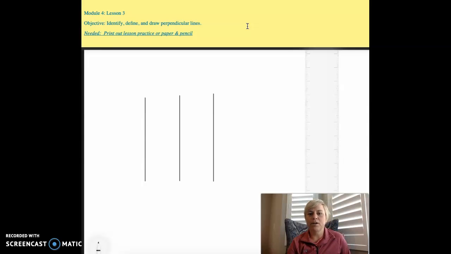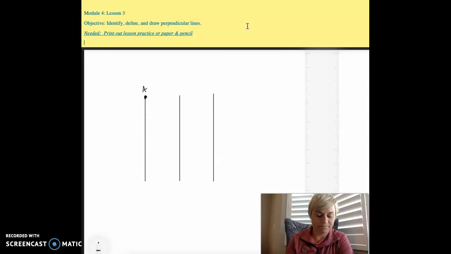All right, on your paper, draw 3 lines just like I have drawn, and we're going to label them. Are these lines or line segments? They're line segments. So we're going to label them.